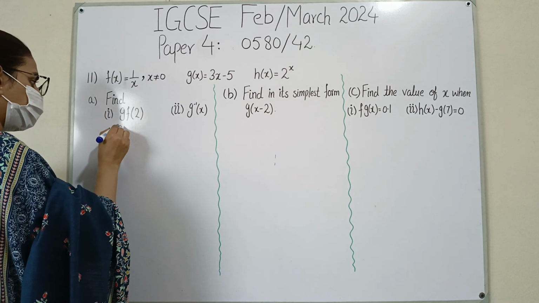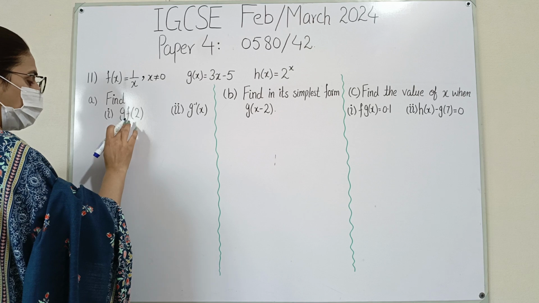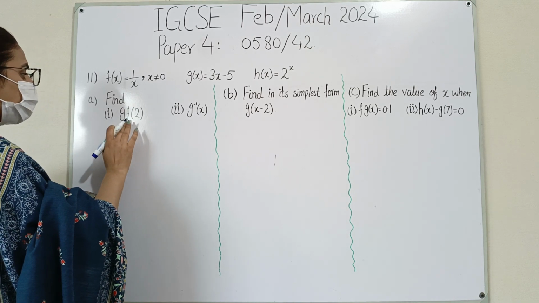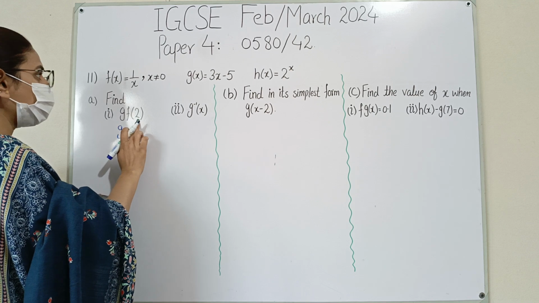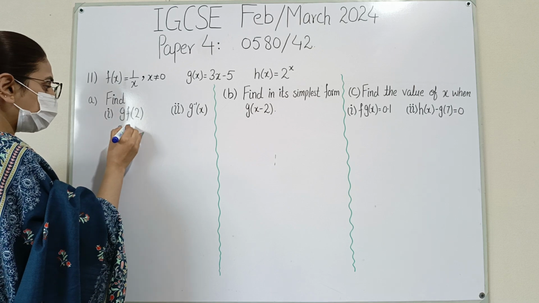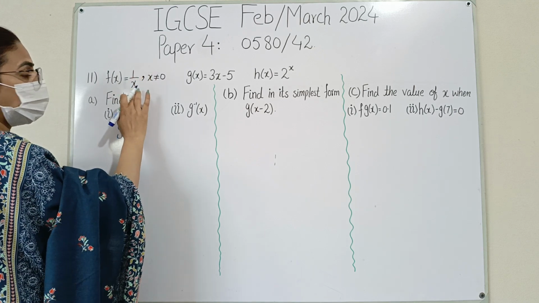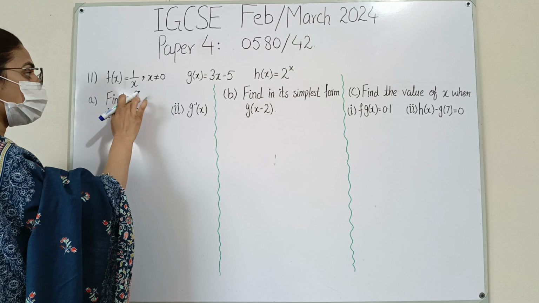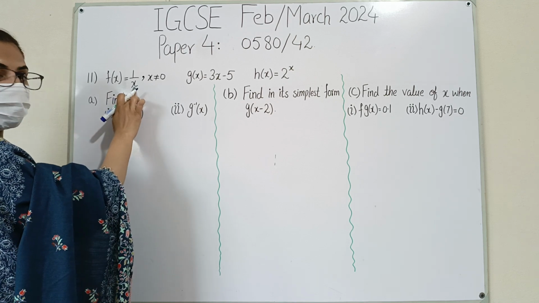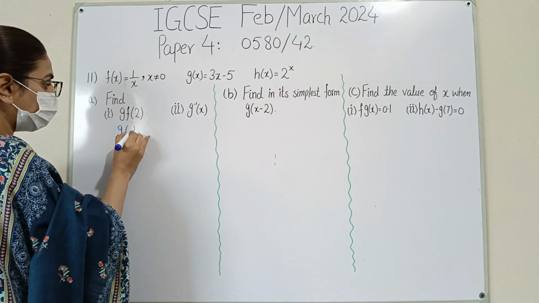Here, g of f at 2 can be calculated as follows. You have to put this 2 in f in place of x. The value of function f of x is 1 over x. You substitute 2 in place of x, so you will get 1 by 2.